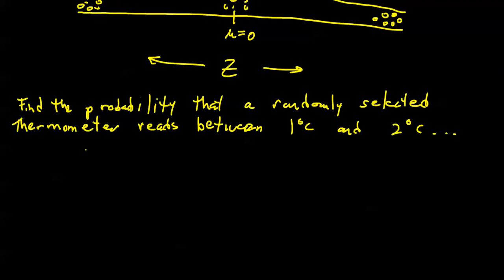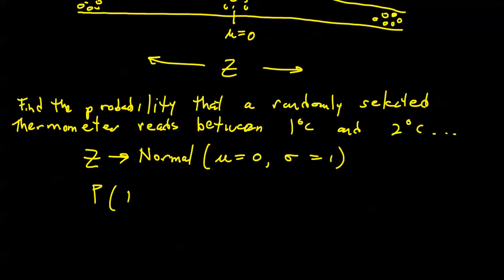Alright, we know our thermometer readings represent a standard normal, a normal distribution with a mean of 0 and a standard deviation of 1. This is what I seek: the probability that a randomly selected z-value is between 1 and 2.